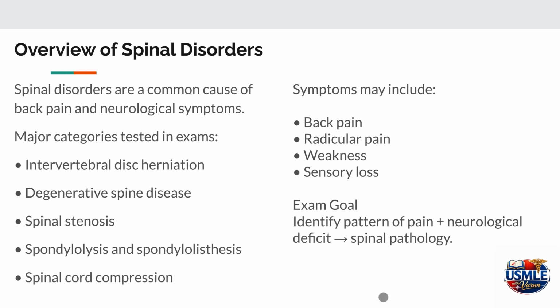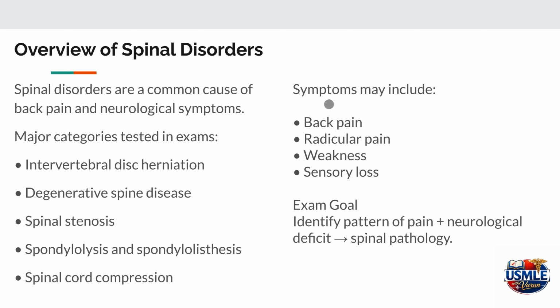Now we move to spinal disorders, which are one of the most common causes of back pain and neurological symptoms. Several major spinal conditions that are frequently tested in exams include intervertebral disc herniation, degenerative spine disease, spinal stenosis, spondylolysis, and spondylolisthesis, and finally spinal cord compression.